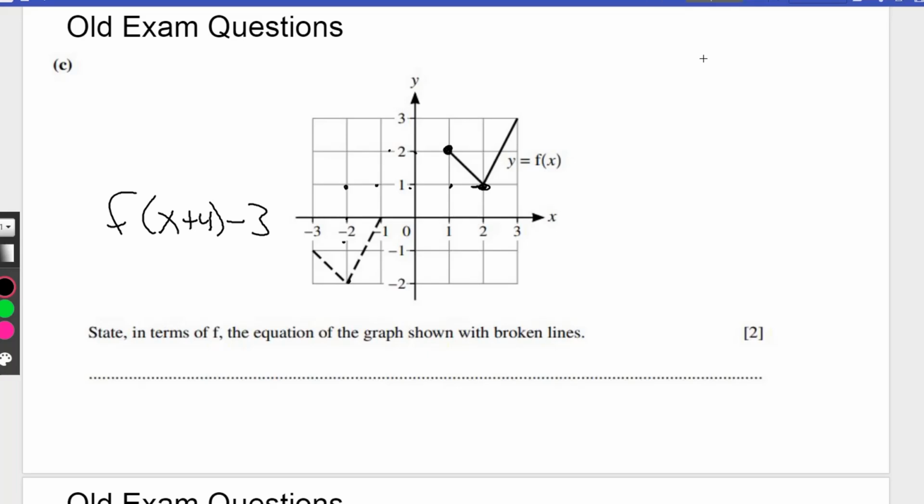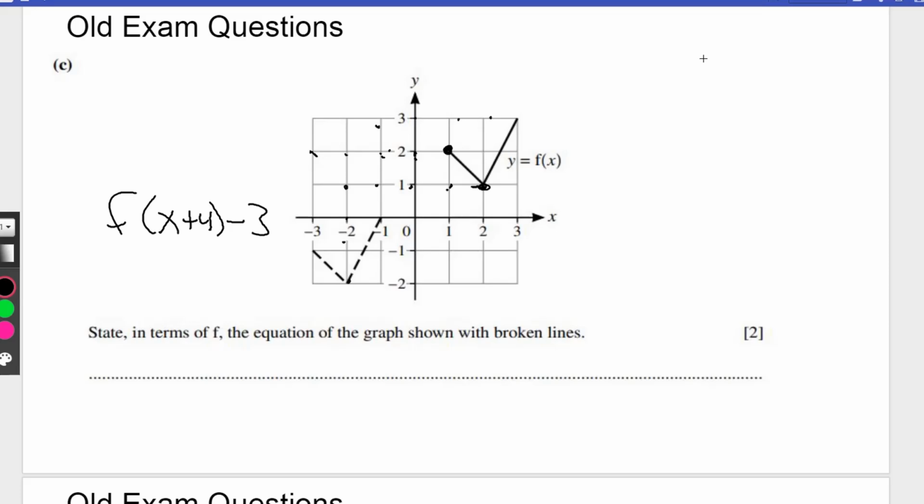1, 2, whoops, did I count this wrong? Let's try this again. 1, 2, 3, and 1, 2, oh wait, that's all the way over there. Duh. 1, 2, 3, 4. Yeah, it's going 4 to the left. This one's going 1, 2, 3, 4.